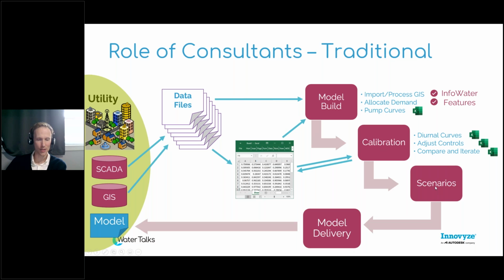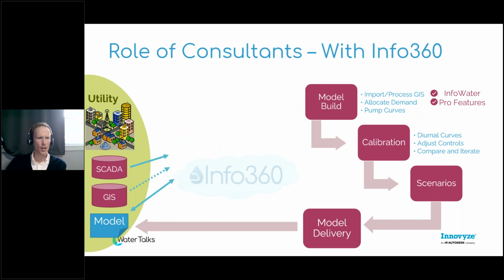And so once these scenarios are done, then you can deliver your model back to the utility, and it sits as a file that maybe gets referenced, and it may get used in certain workflows, but it's a static copy. And then when there are issues, we may have to recycle this through this whole process if we need the consultant to get the updated data and look into things and update.